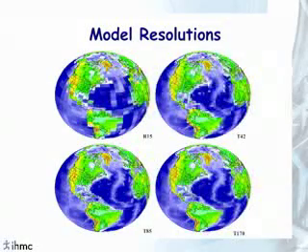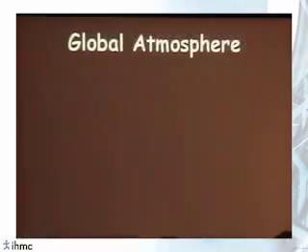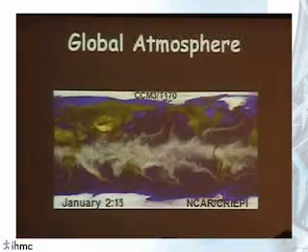And then as we go to higher resolution with faster computers, we can essentially mimic the shape of the mountains and the ocean bottom and things of that sort, so that we've improved that significantly.